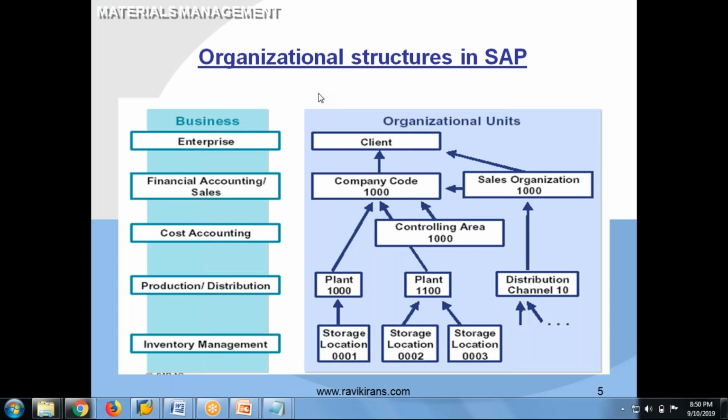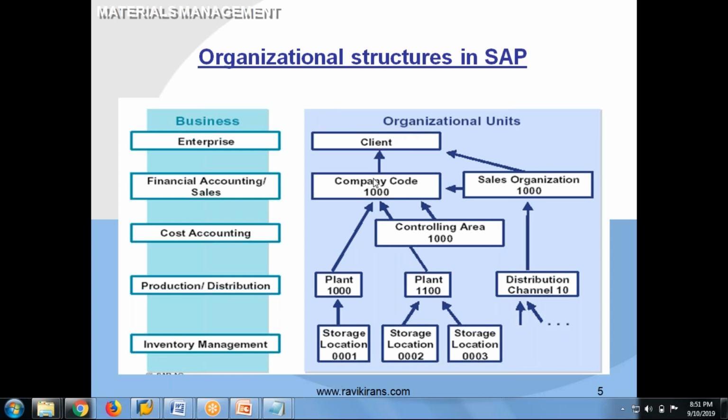It is a 3-digit number, like 100, 200, 300, etc. So we don't have any role in that.